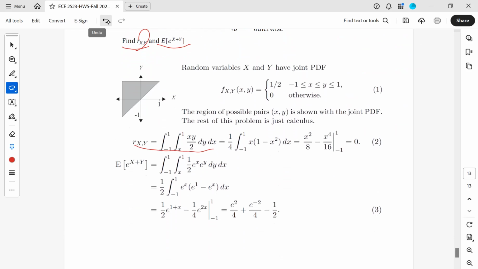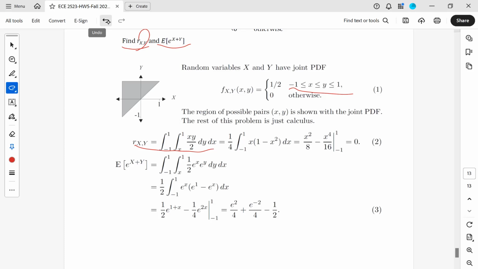Now, you have to do the expected value for that, meaning you have to do the double integral over the range of x and y. We know the conditional situation that we have for the upper limit and lower limit.